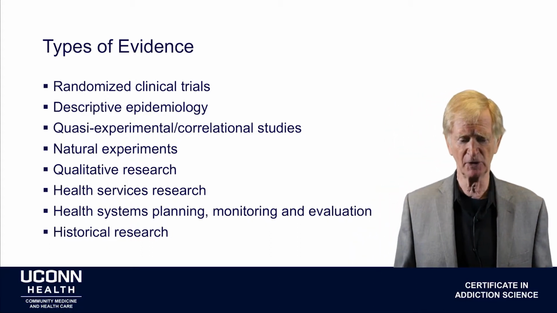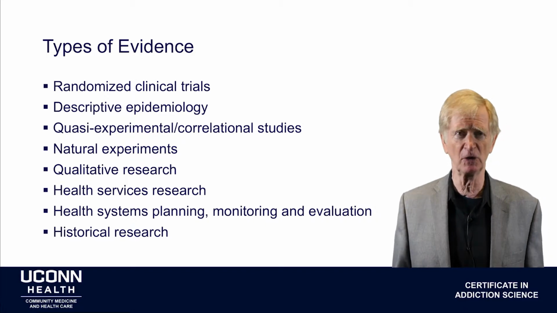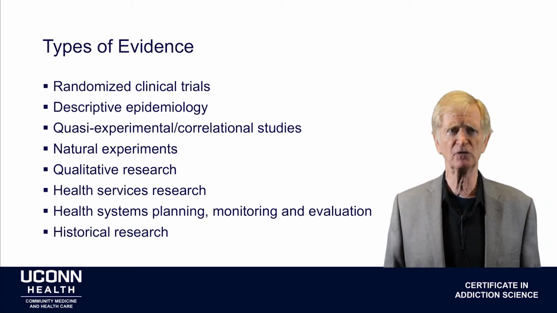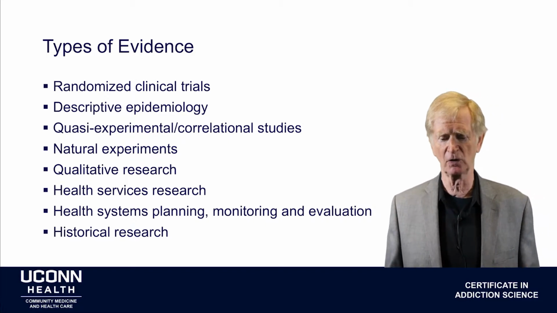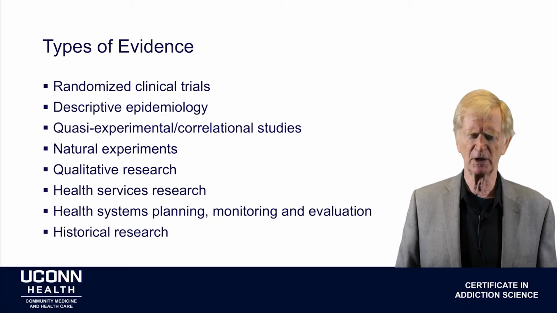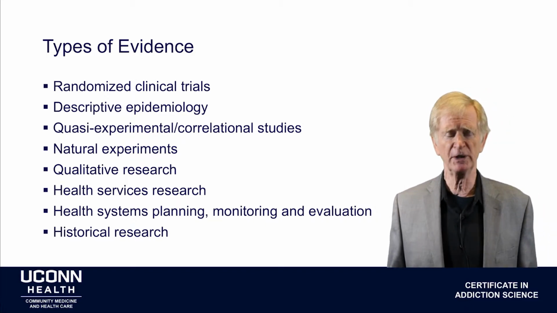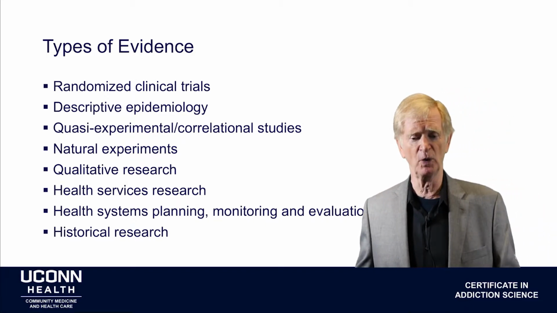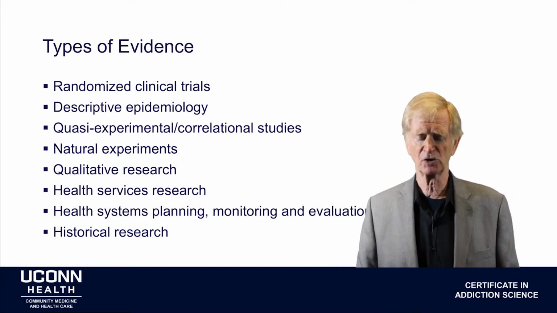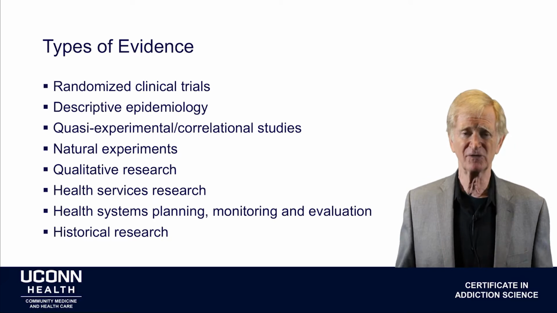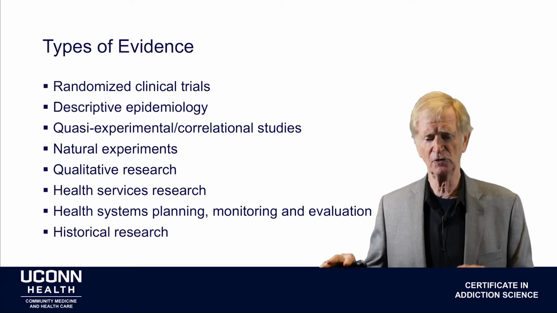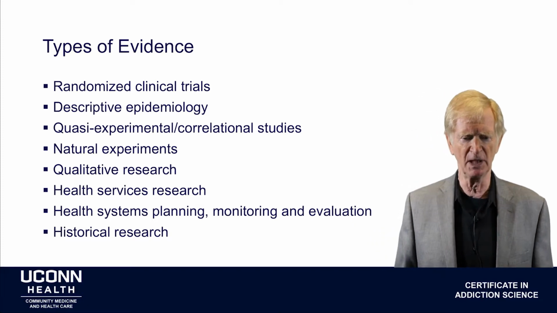Descriptive epidemiology is based on surveys in the general population, asking people questions. We can use quasi-experimental and correlational studies to look at the correlates of recovery from treatment. We can do natural experiments where a country, for example, like Iran or China, invests massive amounts of money and resources to control an opioid epidemic.